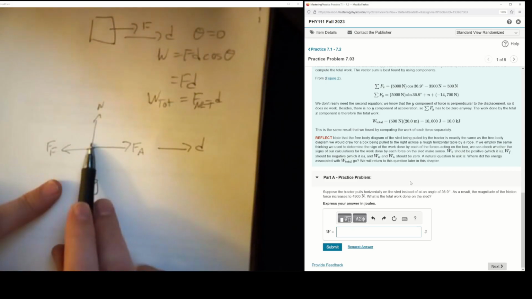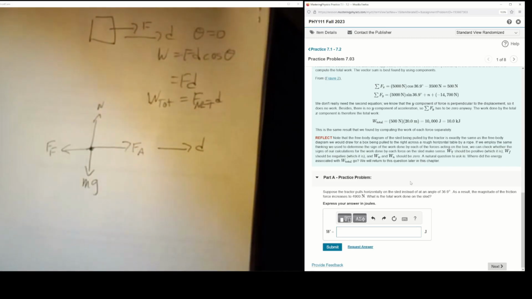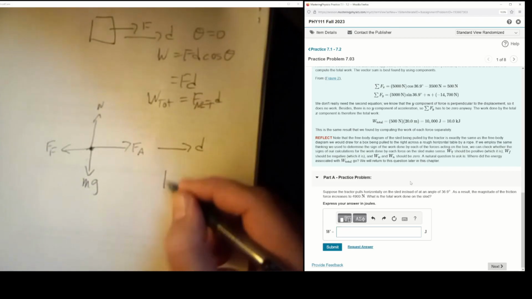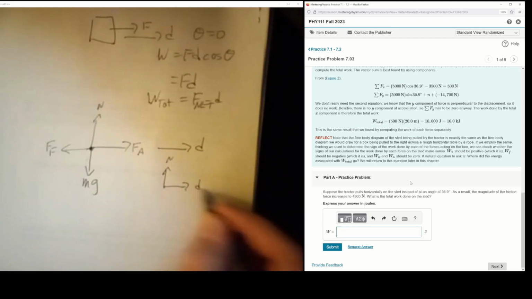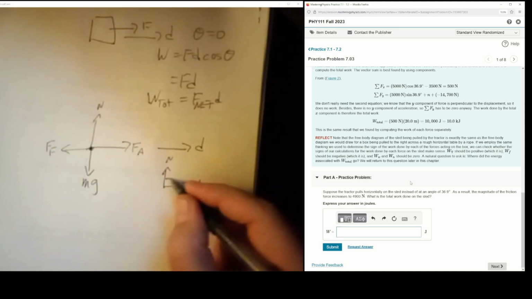That's our displacement. So let's just take the normal force. How much work is done by the normal force to hold up this box? Well, if we connect these vectors tail to tail, there's the normal force. Here's our displacement. This is actually a 90-degree angle.